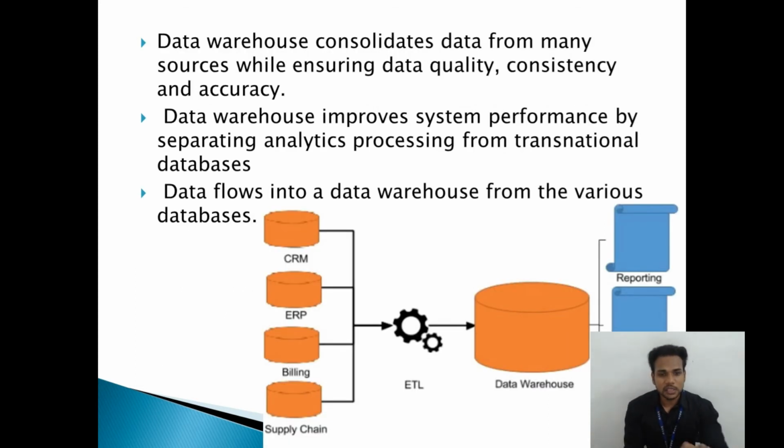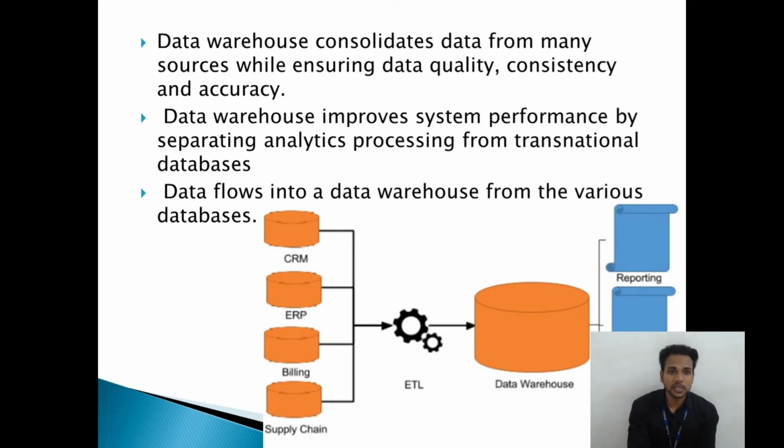With this diagram, we can easily understand what a data warehouse is. Here in the diagram, we are getting different data sources from customer relationship management, enterprise relationship management, billing, supply chain management. Here the data is taken from different sources and stored in a common data warehouse. A data warehouse is nothing but a group of databases which can be easily managed.